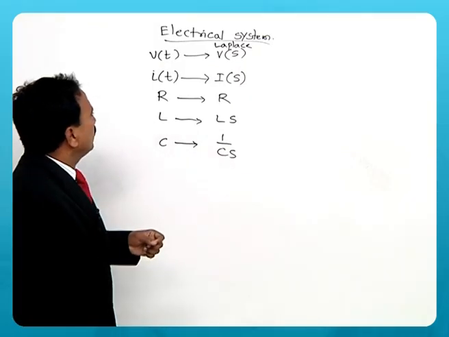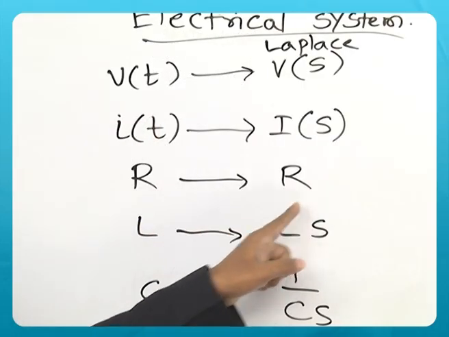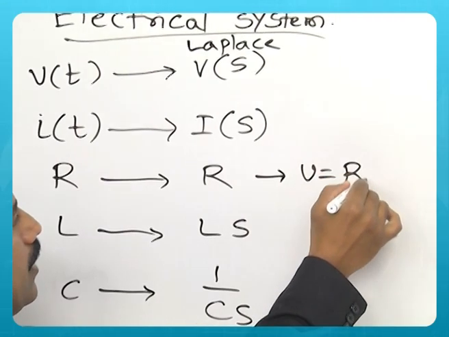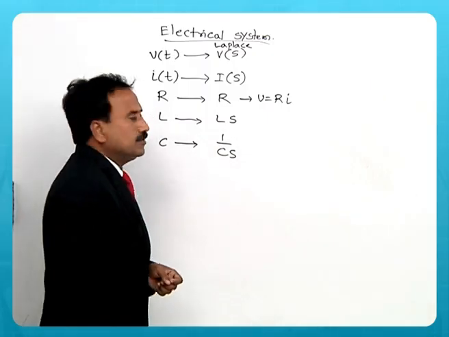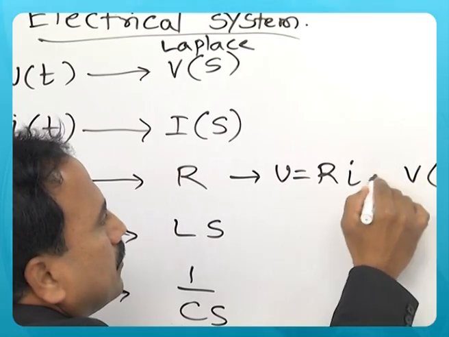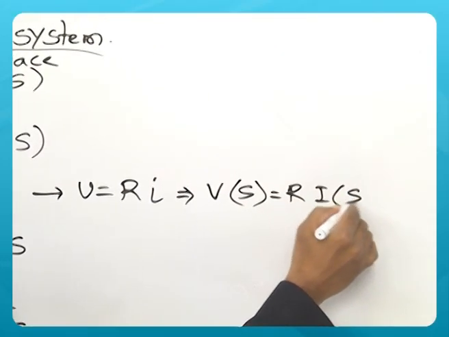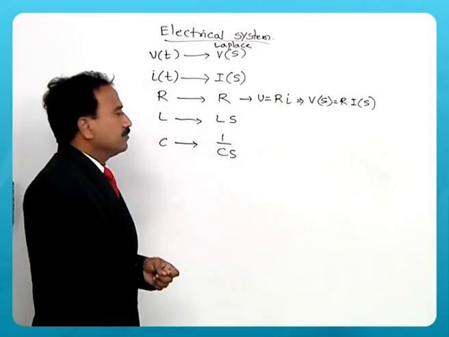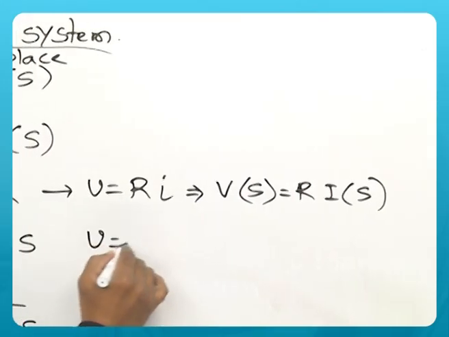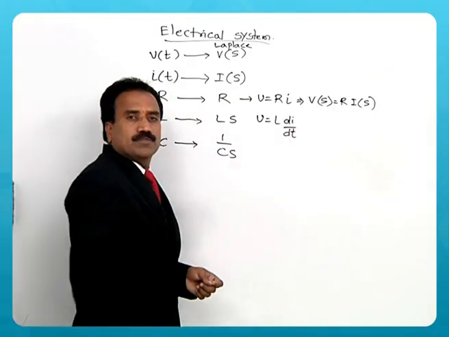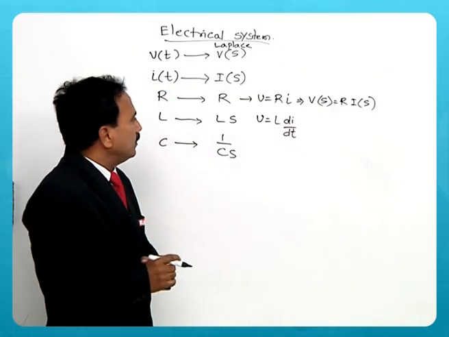As you know, in the case of resistance, the voltage and current relation is V equal to Ri. So, I can write the Laplace equation as V of s is equal to R into I of s. In the case of an inductor, the voltage across an inductor is L di by dt, ignoring initial current in the inductor.